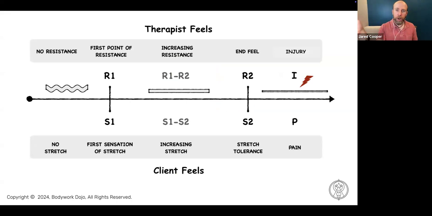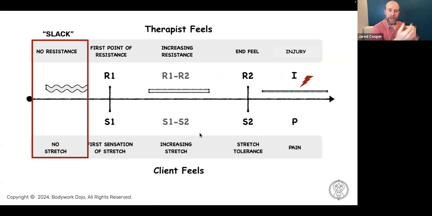If you look at the top row, what you're looking at on the top row is resistance. So we call it R. And so when you put something on stretch, you could do this with your own forearm while I explain it to you. At first, if you're in the slack zone, there's absolutely no tension. So that's this over here on the left-hand side.